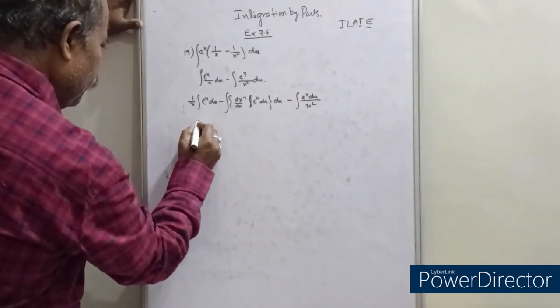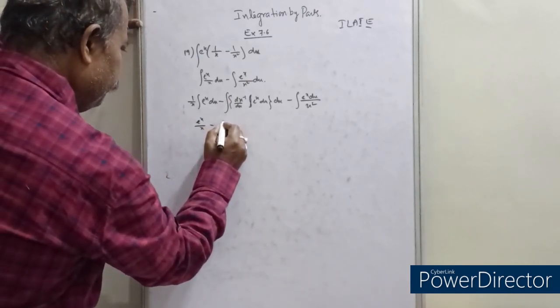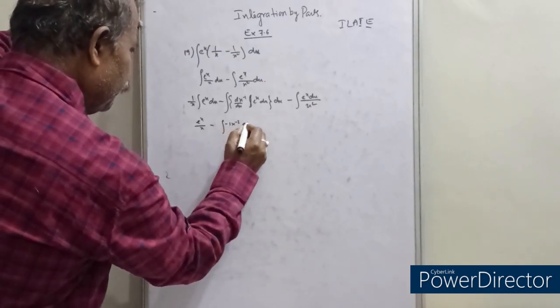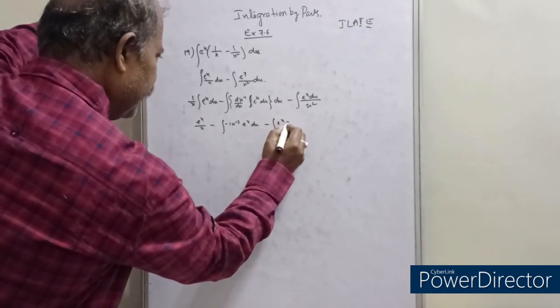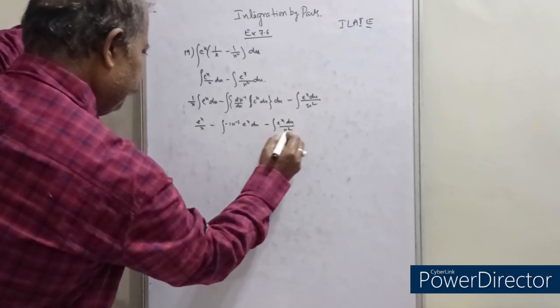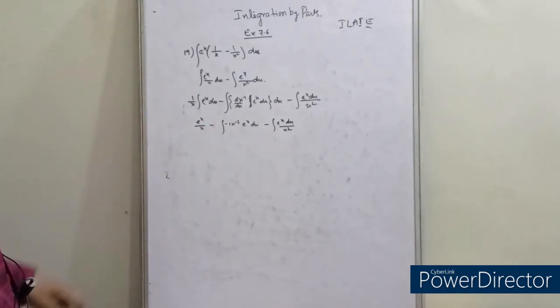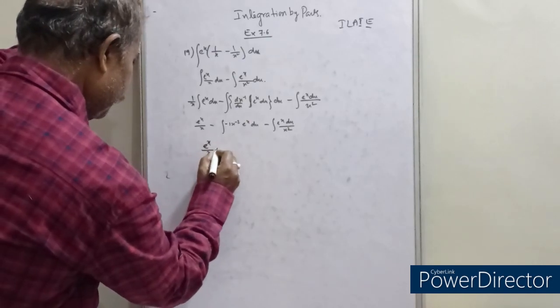So this will be e to the power of x by x, and this will come out to be minus 1, x to the power of minus 2, e to the power of x dx, minus e to the power of x dx by x square. Here you see this plus and this term cancel out, so only e to the power of x by x plus c remains.